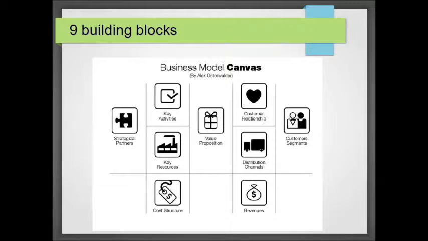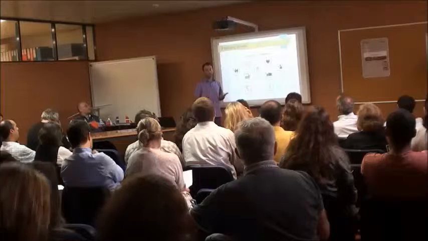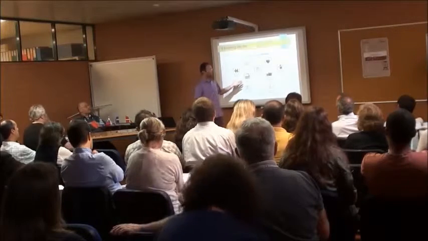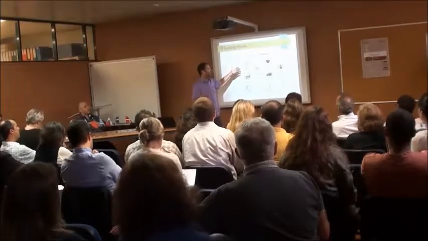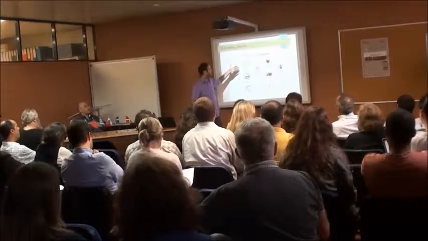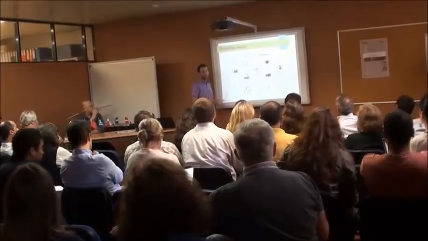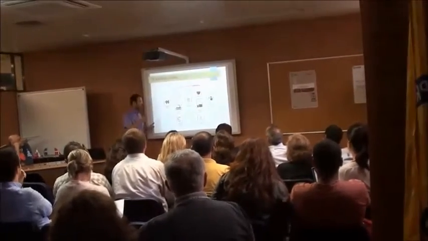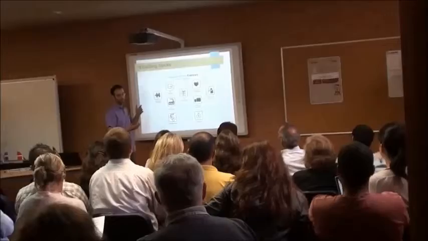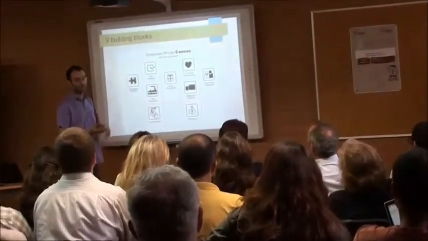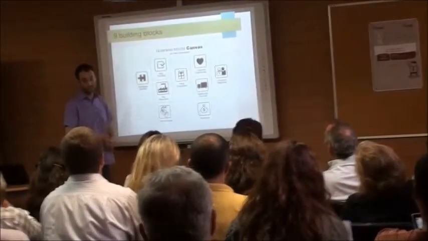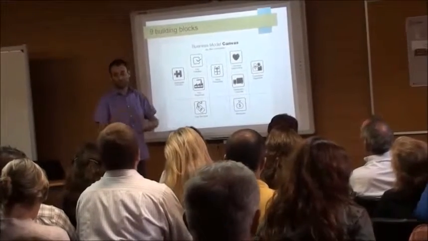For these key activities and resources, often we don't have all the resources we need, and we don't have the know-how to produce all these activities. So often we have to rely on partners, third parties, to provide us with either materials or services such as advertising and distribution of goods.